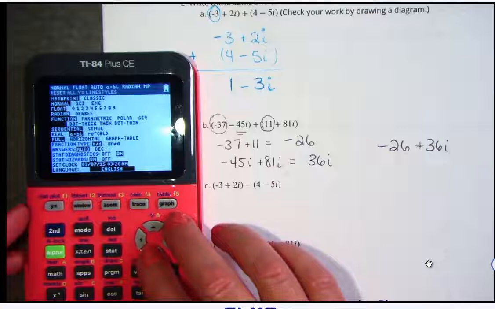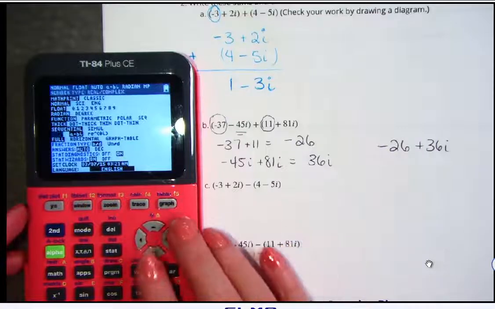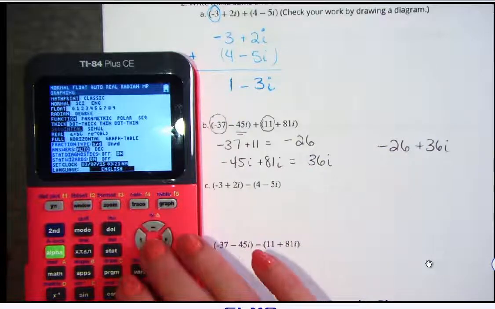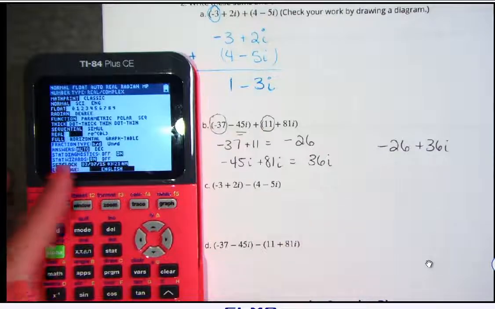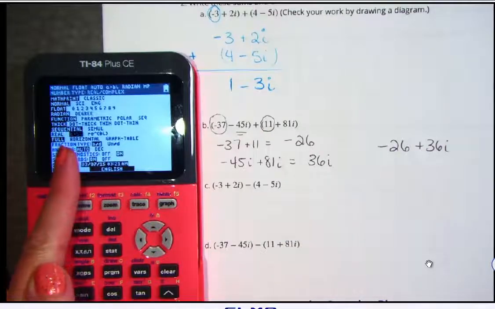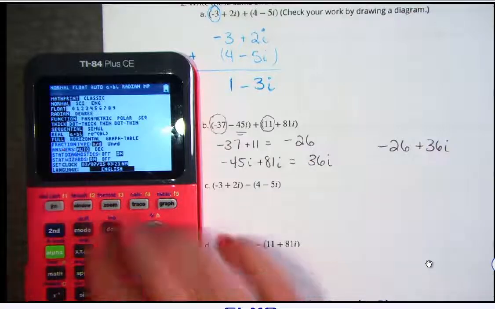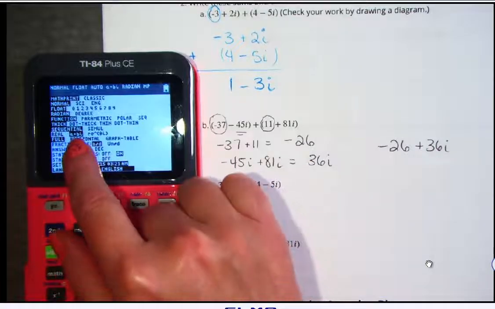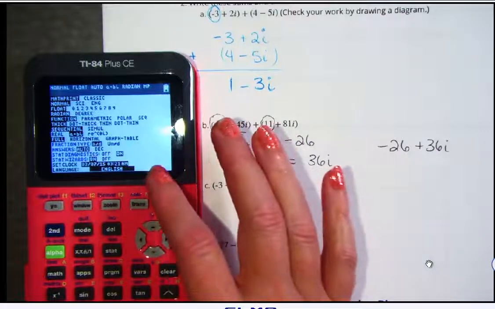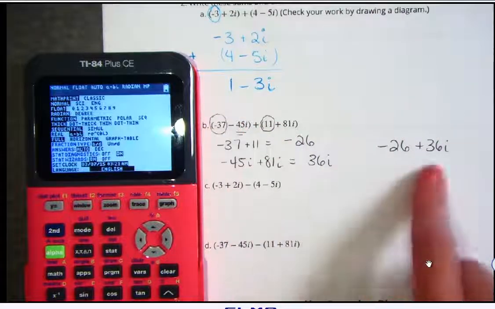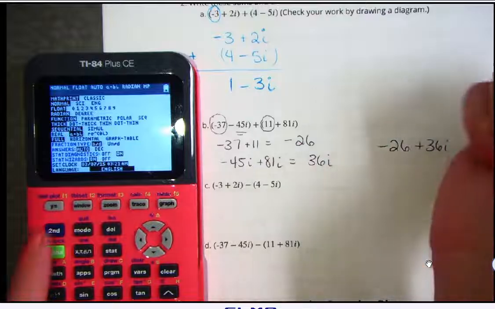We usually have it set in real mode, and that means we can only have real numbers and real answers. But if we select this, and I'm just changing it by hitting the enter button so that A plus BI is highlighted, I see that I'm in imaginary mode. And that means I can have imaginary inputs and outputs as well as complex inputs and outputs.